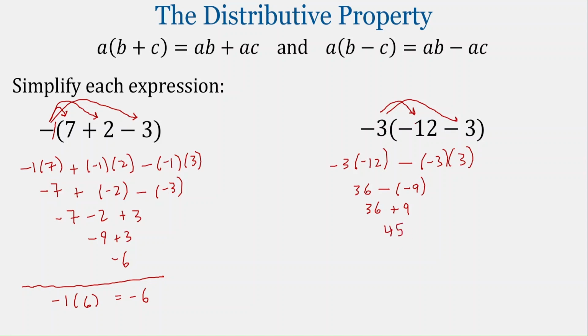Positive 45. We have all these negatives, we end up with a positive. And then checking using PEMDAS, order of operations, we have negative 3. Negative 12 minus 3 is negative 15. Then negative 3 times a negative 15 is a positive 45.